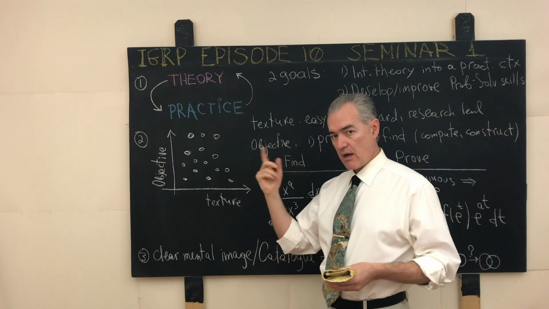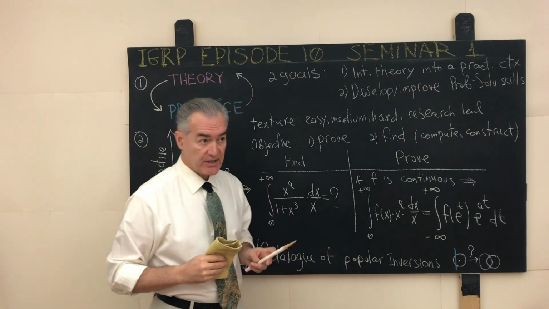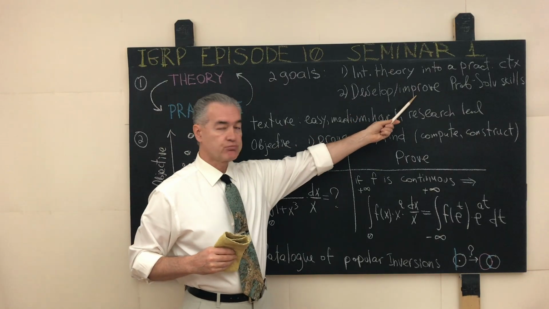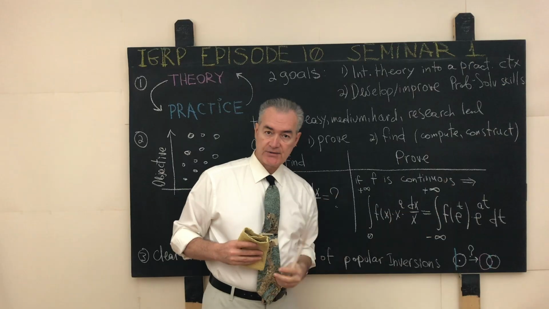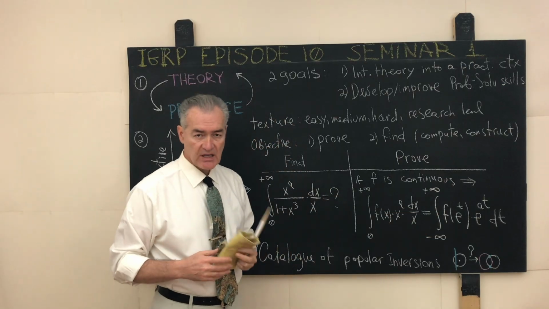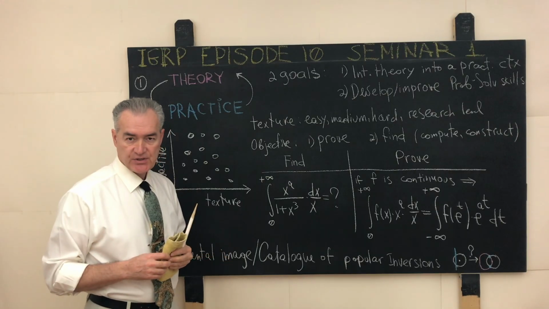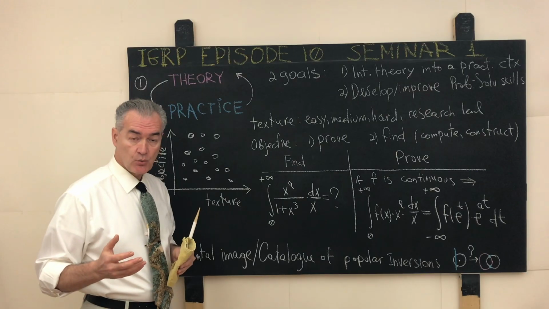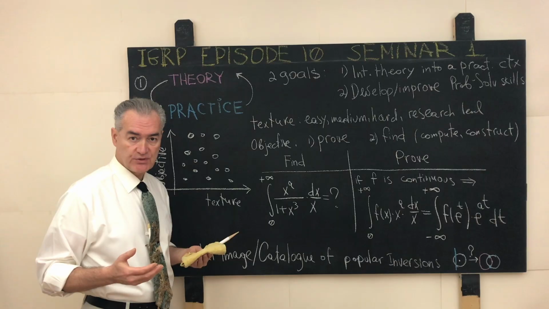The second goal of solving technical problems is to develop and or improve the problem-solving skills in students. And when it comes to solving problems, different mathematicians will have different opinions, which means that your mileage will vary when you ask a mathematician what type of problems you should be solving.